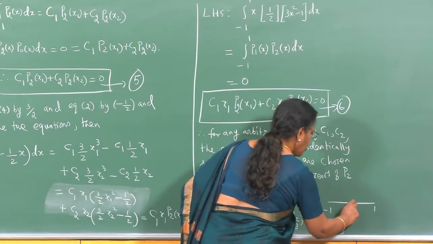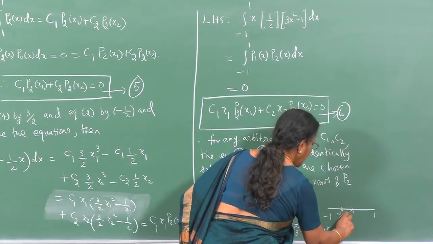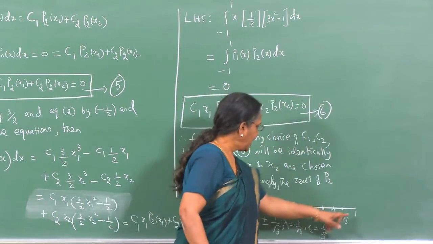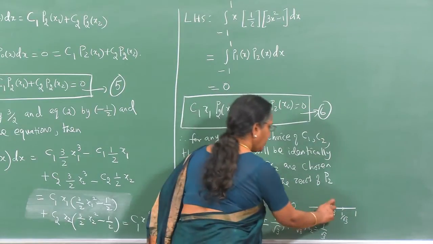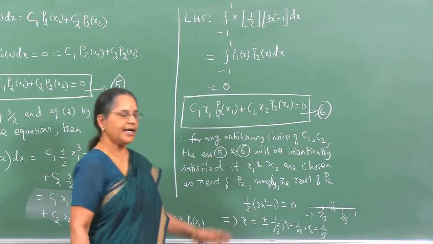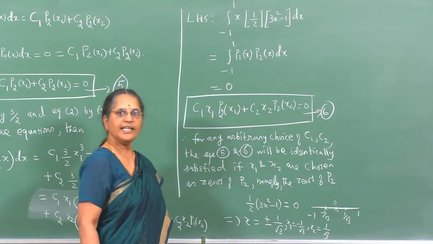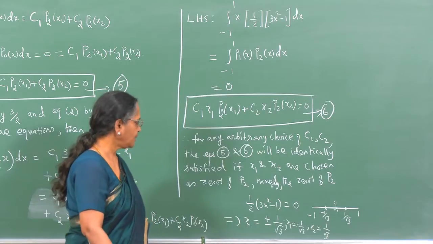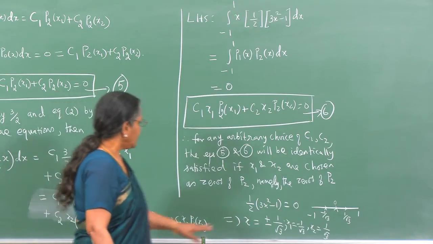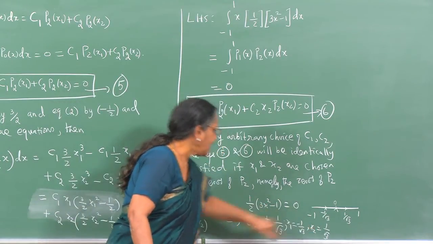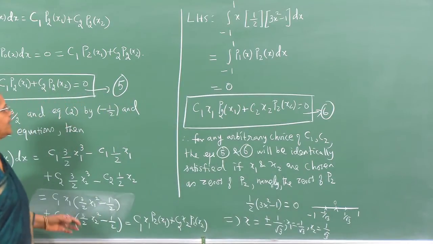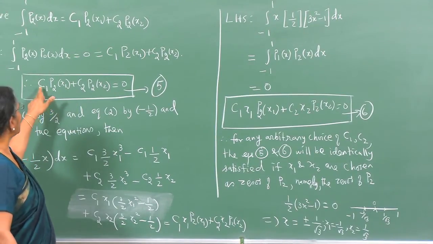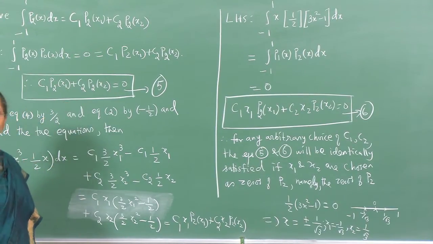So, these two nodes lie in the interval minus 1 to 1 and they are located symmetrically about the origin, and both these nodes are interior points. So, we have determined x1 and x2. The only problem that remains to be solved is to determine the constants C1 and C2.